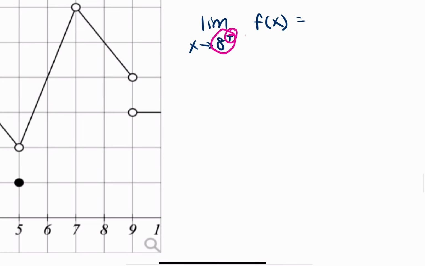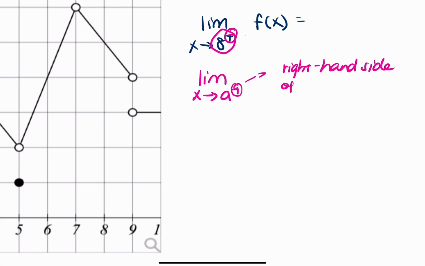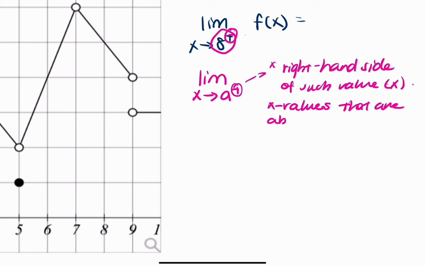I am going to write it as the limit of x going towards a plus. The plus sign always refers to the right-hand side of such a value, or the x values that are above such a value.